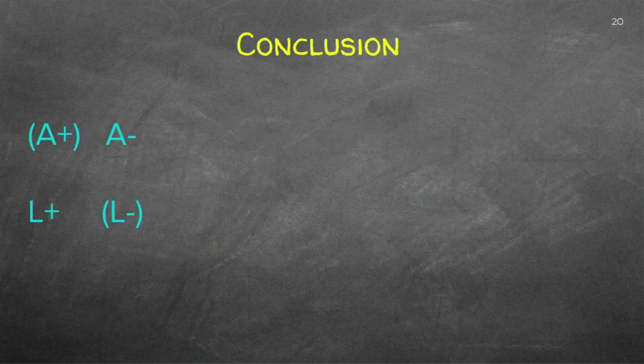So what I've done here is I've done a little table for you, and you can learn this. So I've said if assets increase, the amount will be in brackets. If assets decrease, no brackets. With liabilities, it's just the opposite because it's also on the opposite side of the equation. So if my liabilities increase, it simply means I owe my creditors more money.